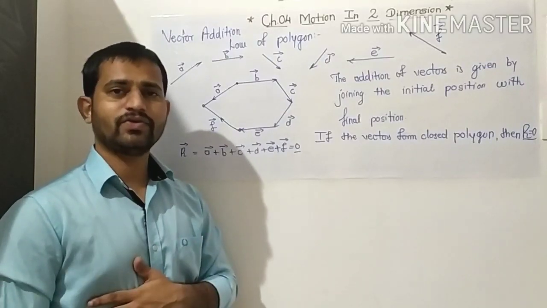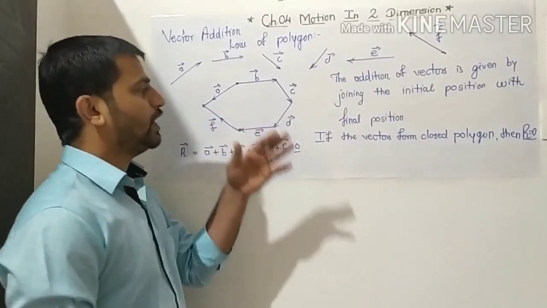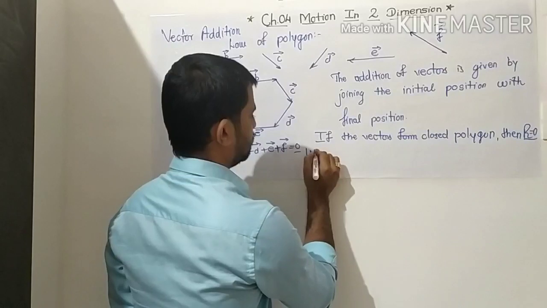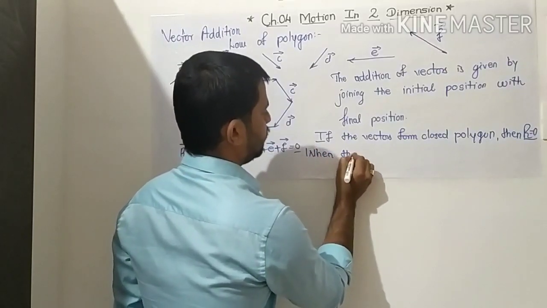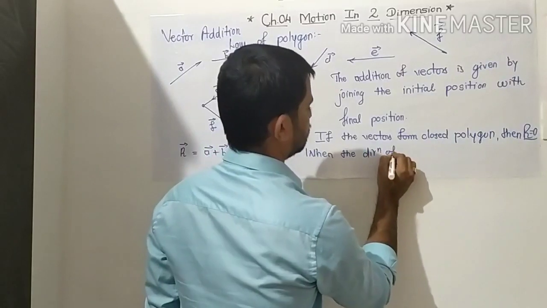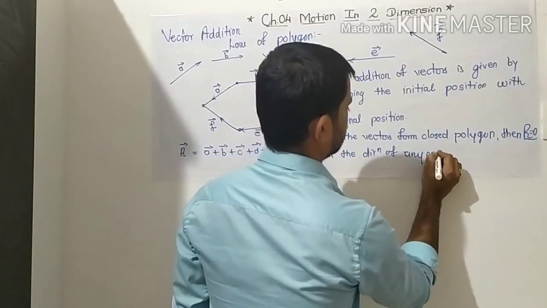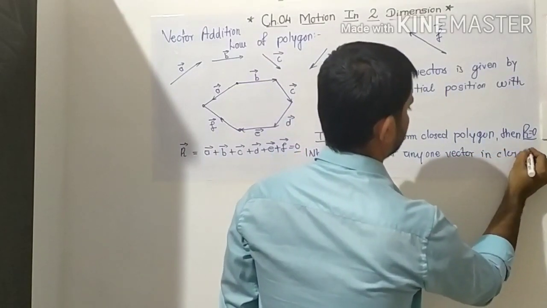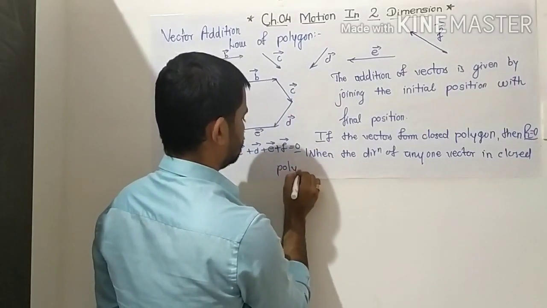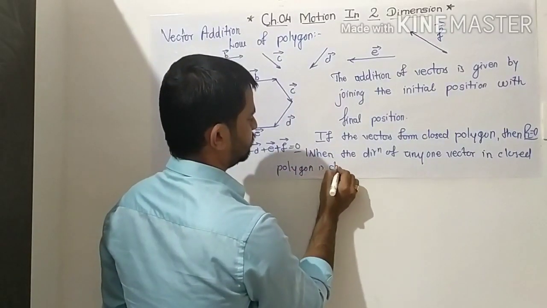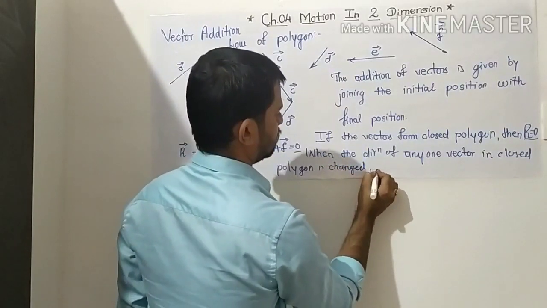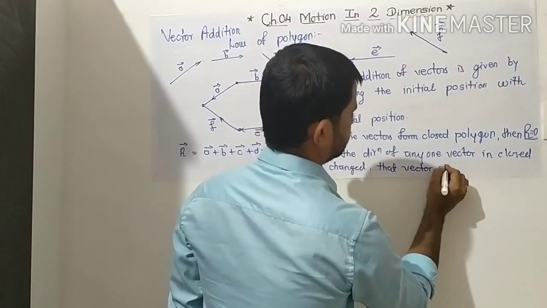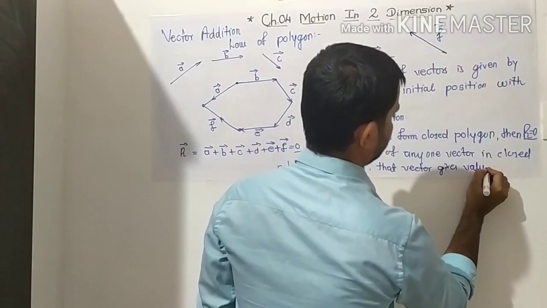Okay, this vector A will give us the value of the resultant. So when the direction of any one vector in a closed polygon changes, that vector gives the value of resultant.